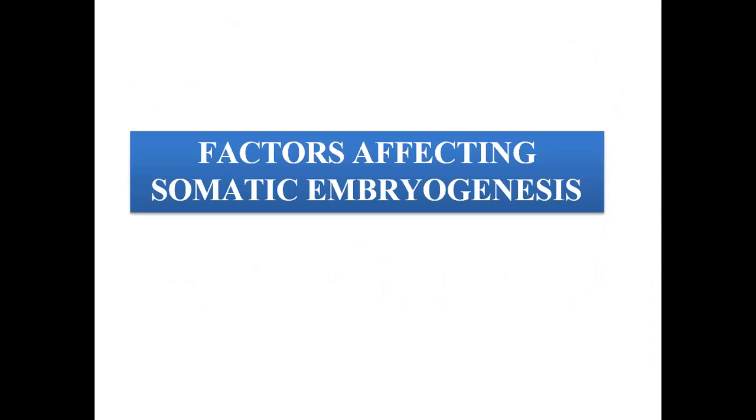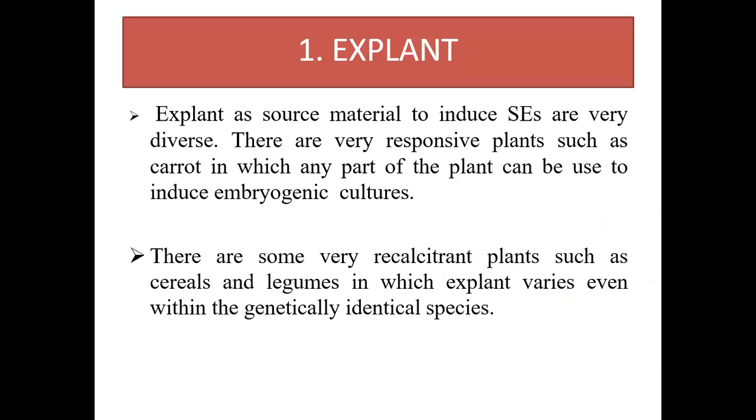Now, another most interesting concept is the factors that are employed. The developmental process of somatic embryogenesis actually starts off with four phases: phase 0, phase 1, 2, and 3. Certain important parameters matter when we talk about the source, the explant. Explants are the source material which helps in the induction process of somatic embryogenesis.